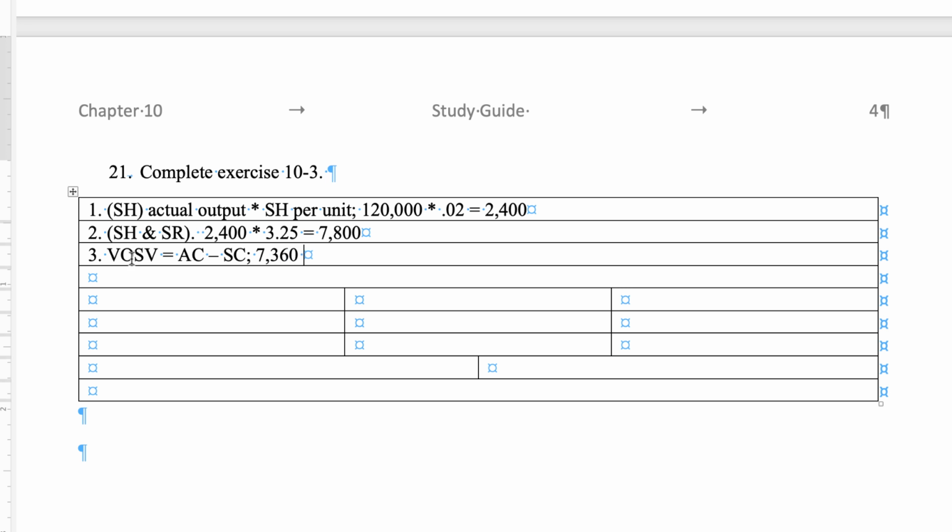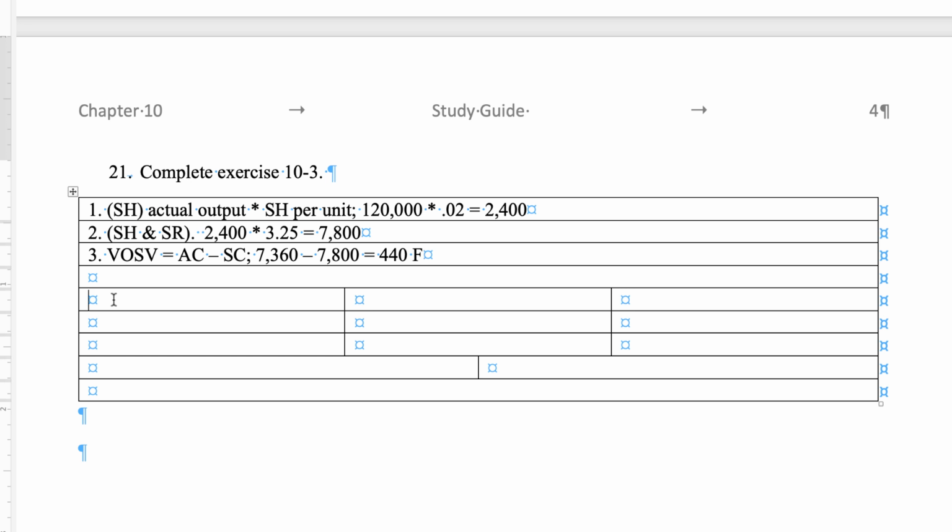That's given in the problem, minus, well, what's the standard? The standard hours at the standard rate. Well, we just figured that out in part 2 of this problem. That's the 7,800. So we have a difference right off the bat of 440. Are we favorable or unfavorable? Well, the actual costs are less than the standard costs, so we're favorable, okay?